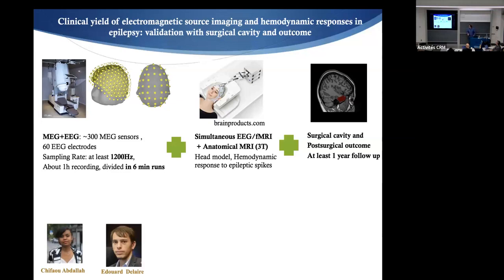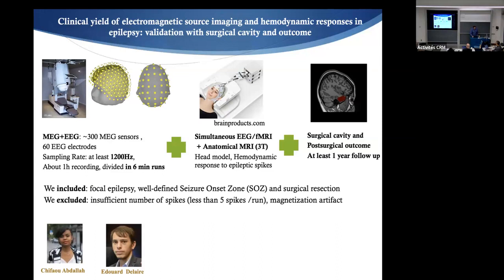On the post-surgical MRI, we segmented the cavity, and then we co-registered the cavity onto the original pre-surgical data. So we could use this as a gold standard. This is only a gold standard when the patient is seizure-free. So if your localization was in the resected area, that's a good sign when the patient is seizure-free.